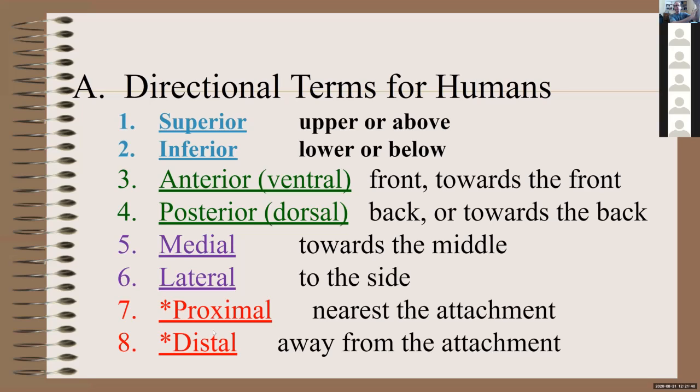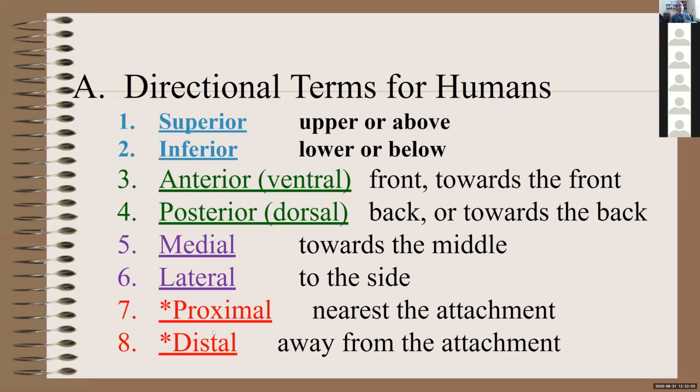This part of my arm is further away from the attachment point than this part of my arm is. So we use the word distal to describe the direction away from the attachment point. Proximal describes the direction closer to the attachment point.